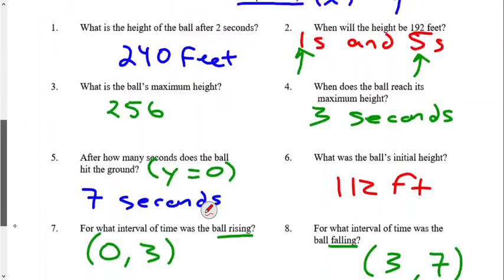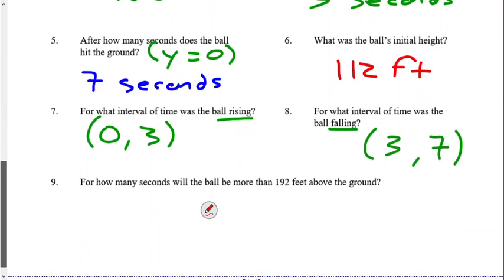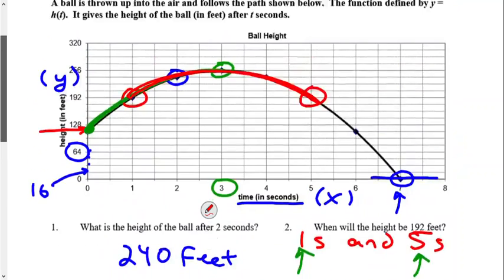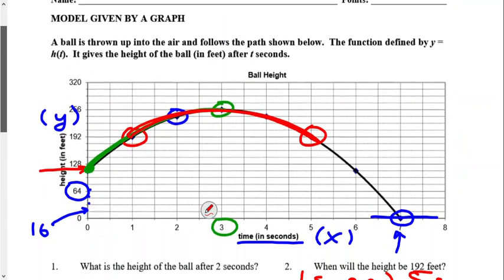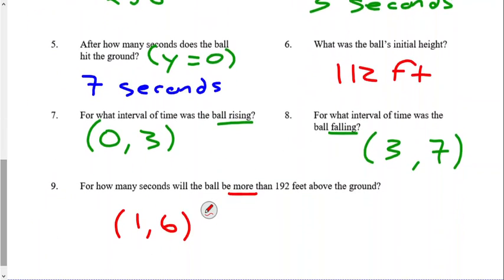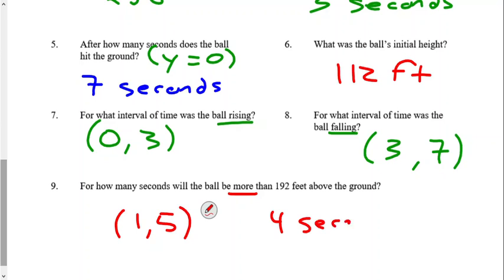It doesn't say more than or equal to. This is very specific. So you have to say from 1 second to 5 seconds. So from 1 to 5 is the interval, which means it was in the air for 4 seconds.